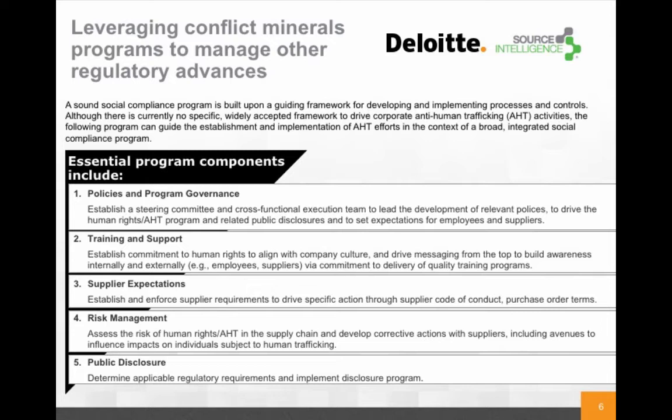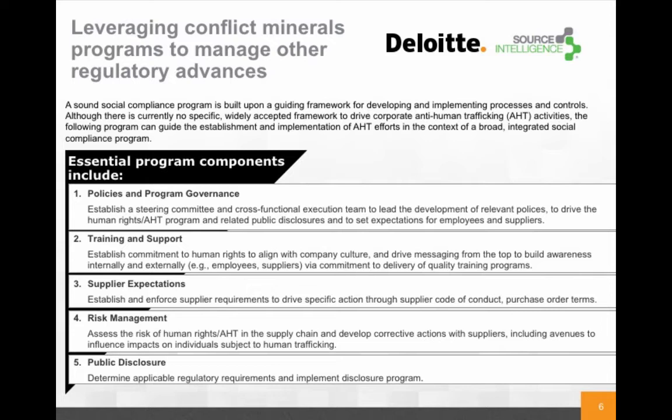So that means establishing a clear governance structure with the appropriate oversight through a steering committee, with cross-functional representation to bring in the perspectives and the collaboration necessary within an organization to drive the activities and promote achieving the objectives that a program would establish.